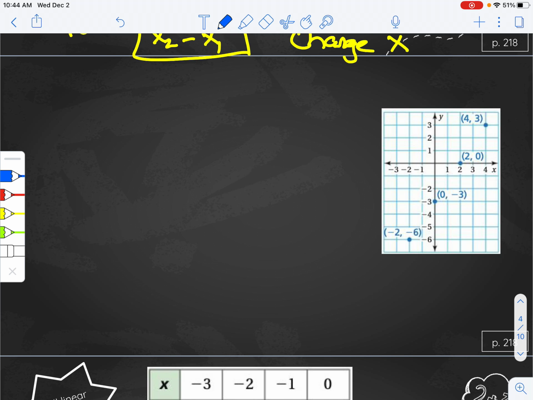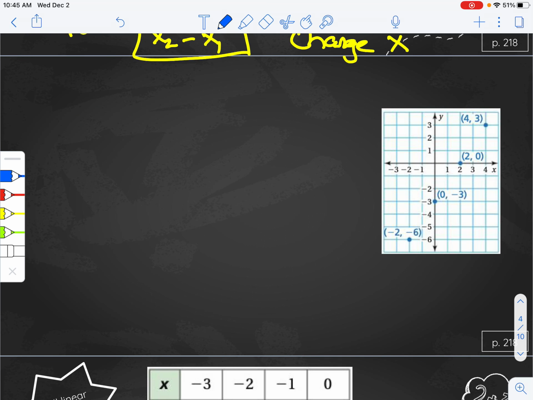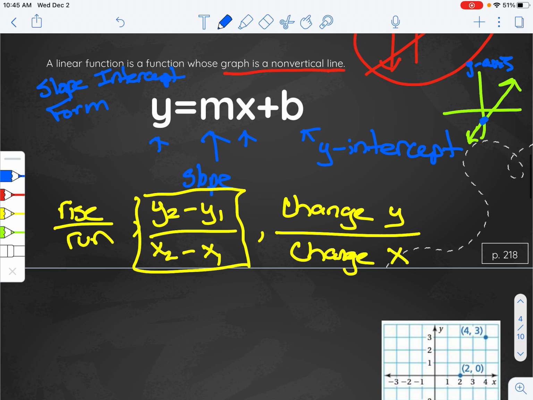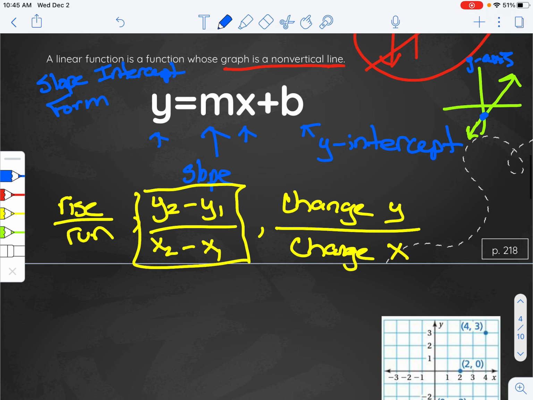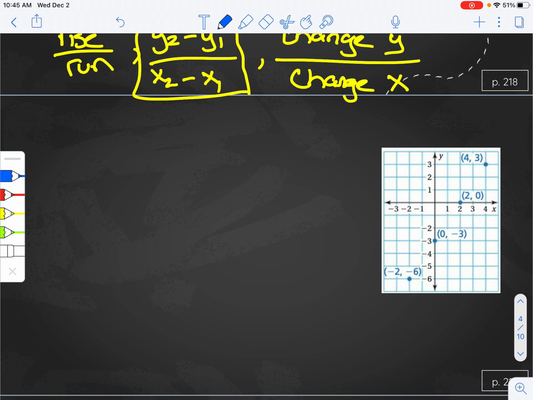So if we have this graph, this picture here on the right-hand side, and we want to write a linear function that represents this graph, we know that it has to be in the form y equals mx plus b. We know ahead of time that this is going to stay a variable and this is going to stay a variable.